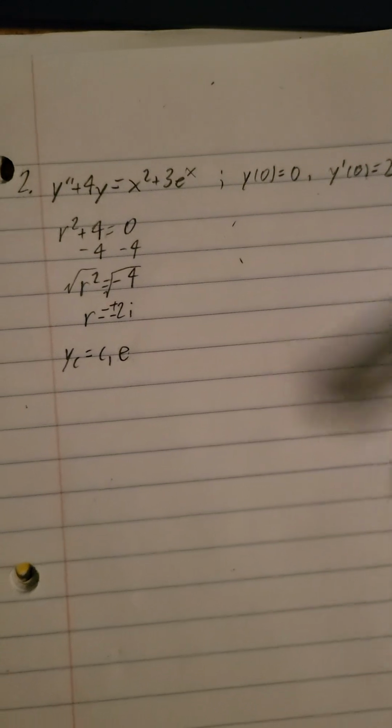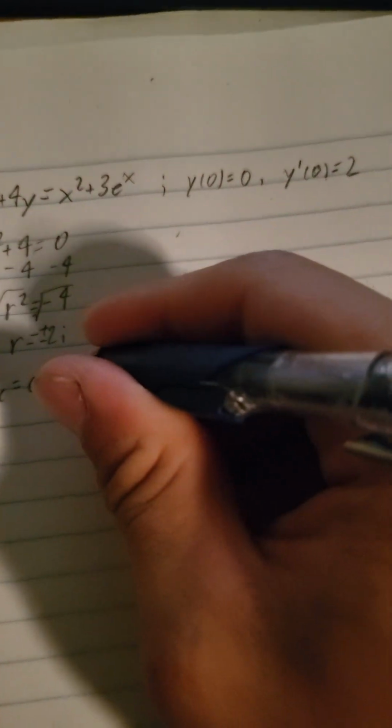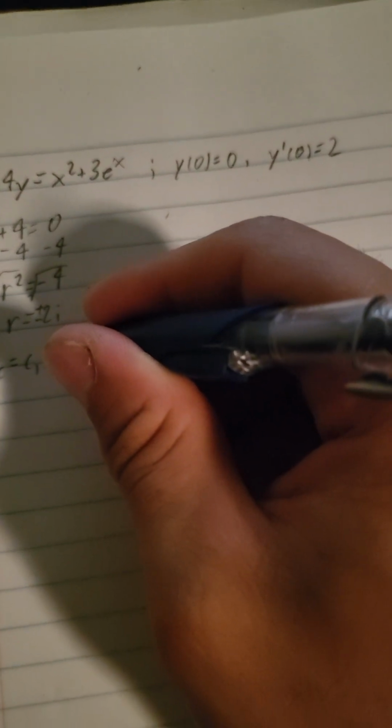Y sub c is c1, it's supposed to be e, not x. Then we've got a little bit, c1 e to the, oh, what am I doing now?